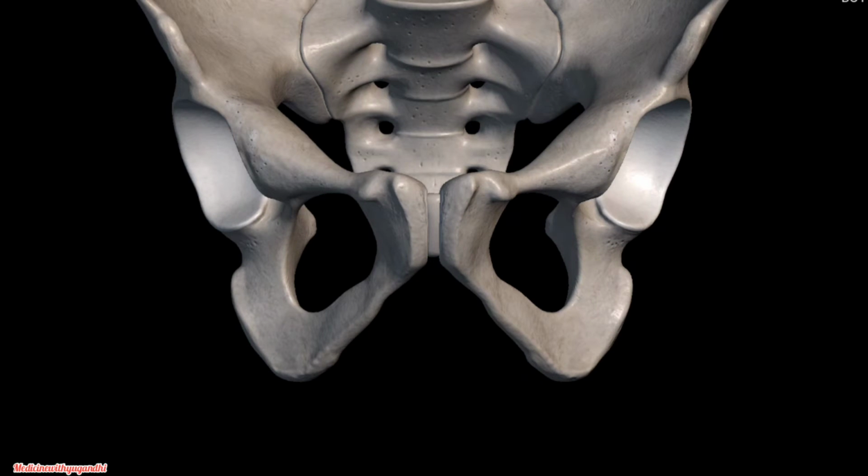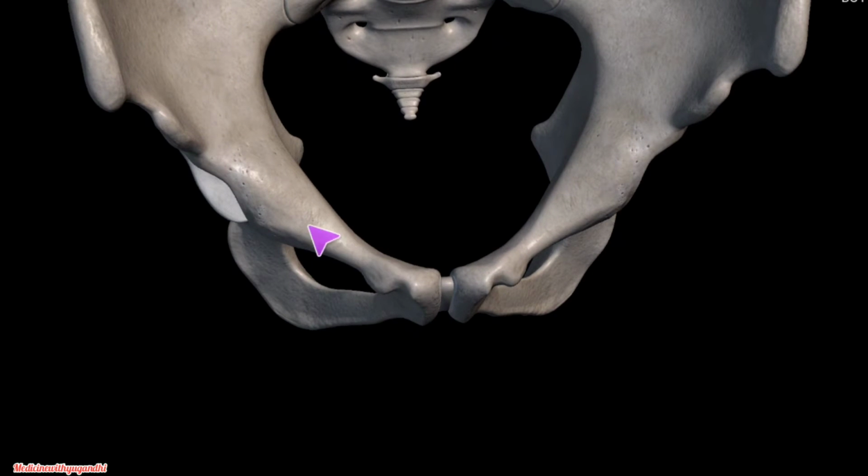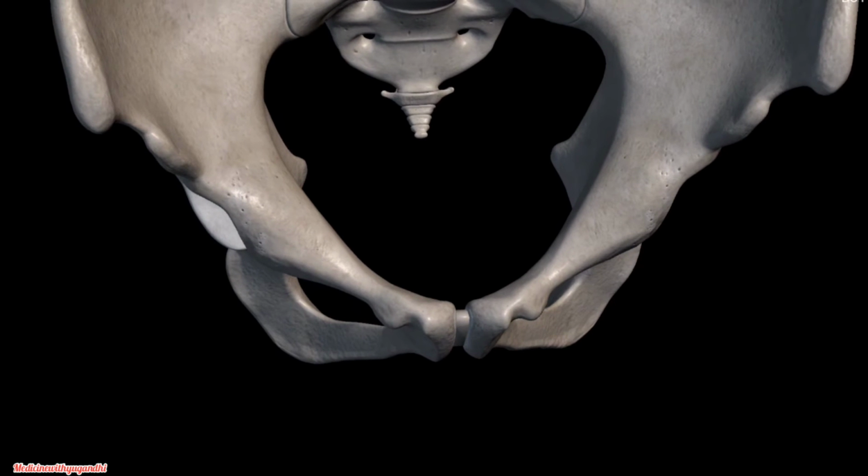Next, coming to the pubic crest and the pubic tubercle. This rounded portion, which is also a blunt upper border of the pubis, is the pubic crest. The pubic tubercle is a rounded projection at the lateral end of the pubic crest.